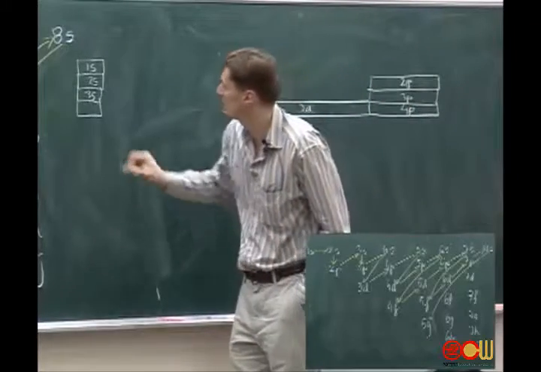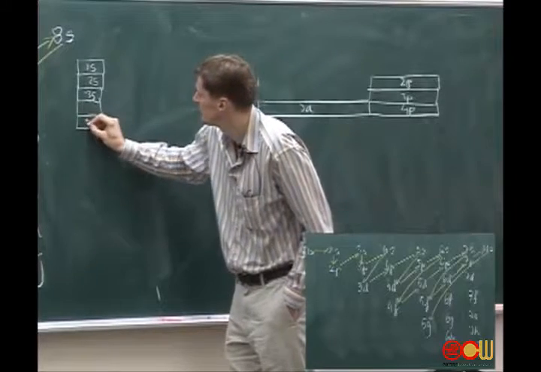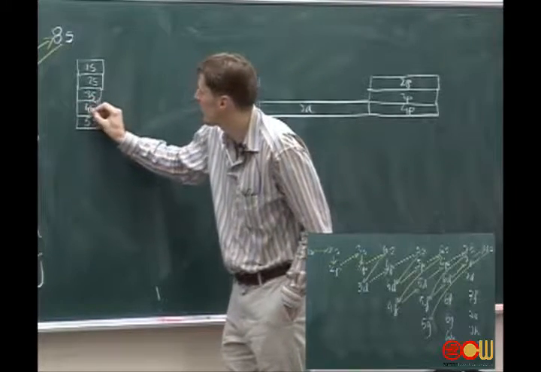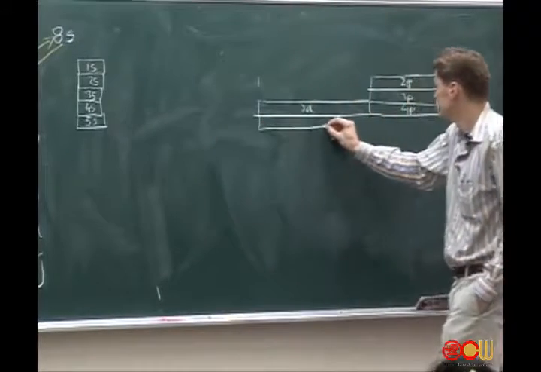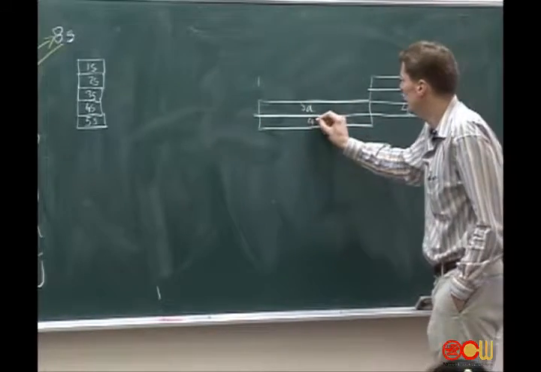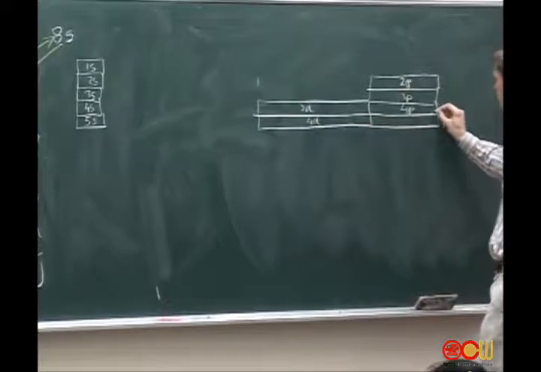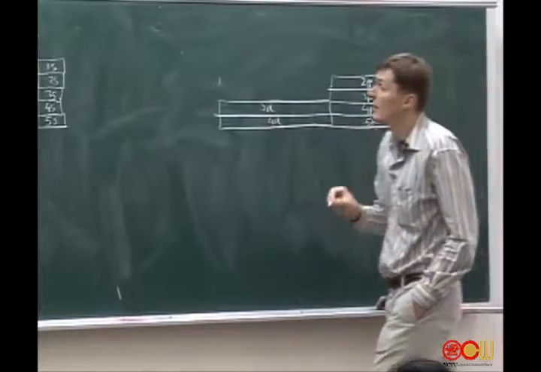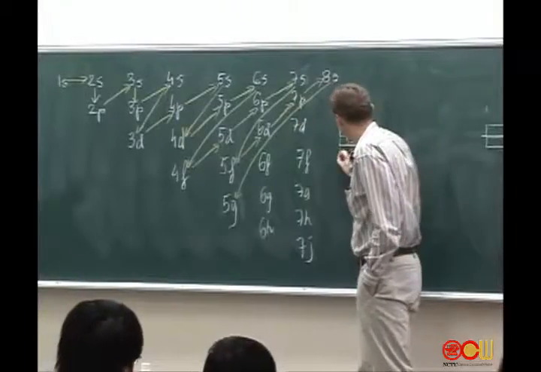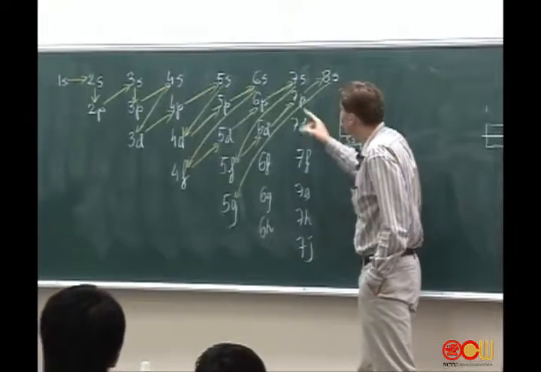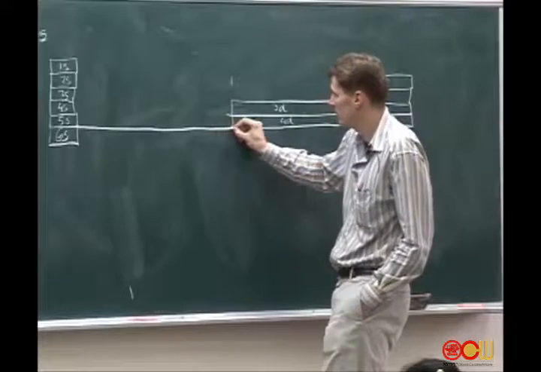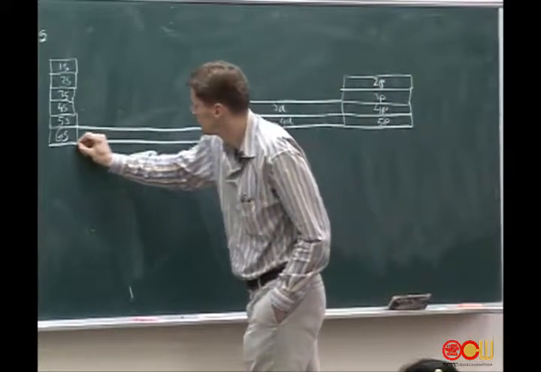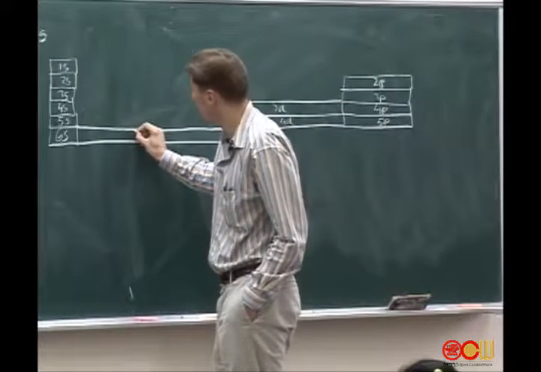Next one is 5s. After 5s, 4d, and of course 5p. Next one, 6s. After 6s, finally f. So these are the f electrons. There would be 4f.